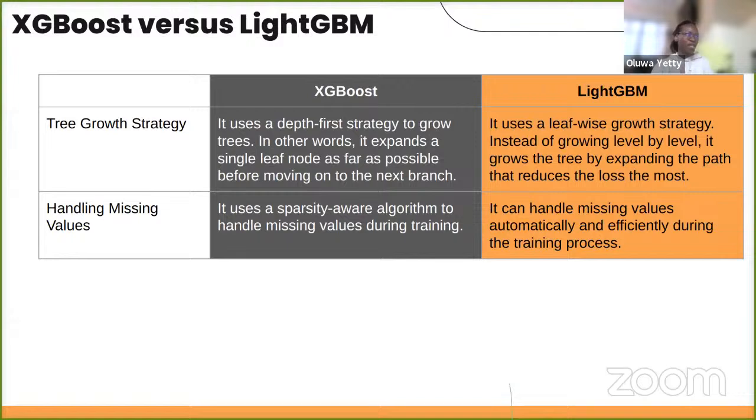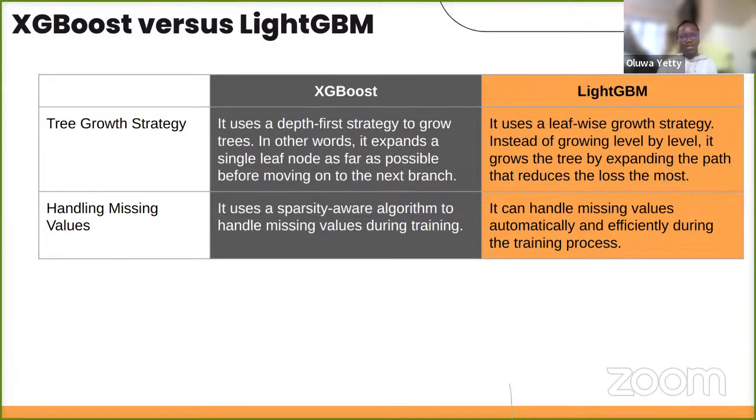XGBoost, for instance, uses a sparsity aware algorithm. An example of what that means is that it avoids creating branches or nodes that have features with null values. We mentioned that when to use decision trees is when you have missing values, because sometimes those missing values can make decision trees start malfunctioning.